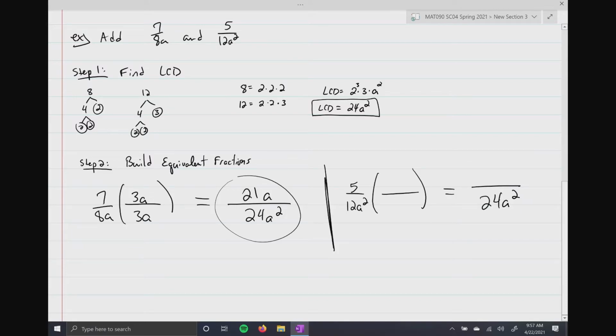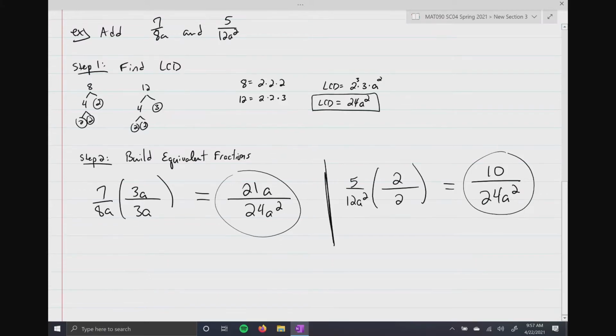What number times 12 gives you 24? 2. True. Now, you have an a squared in the denominator, and you need an a squared. So I don't have to mess with the a's at all for this one. So this is just going to be 2 over 2. So my second equivalent fraction is 10 over 24a squared.